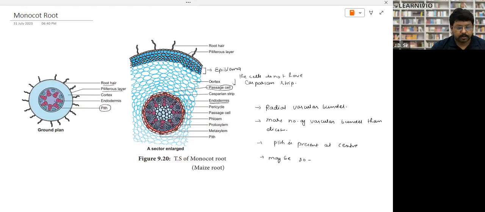Maybe 20 to 30 vascular bundles. The vascular bundles are radial, that we have understood. Go through it and tell me, is it clear or not? If you have any doubt, please ask me.